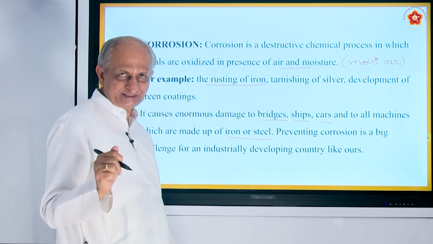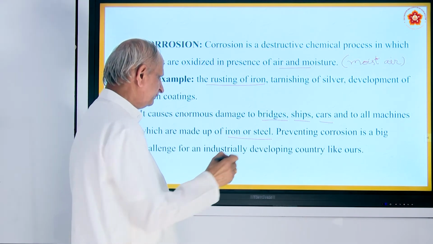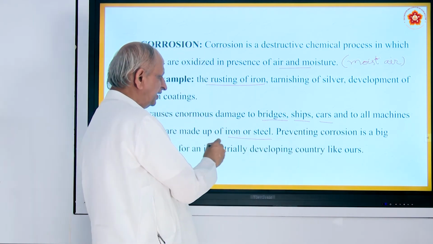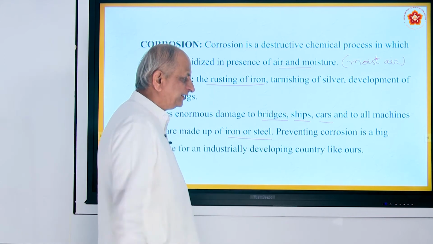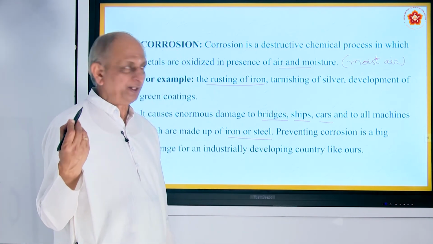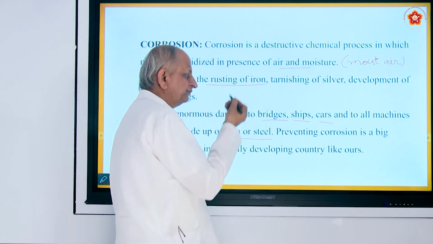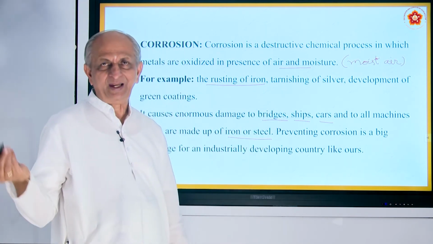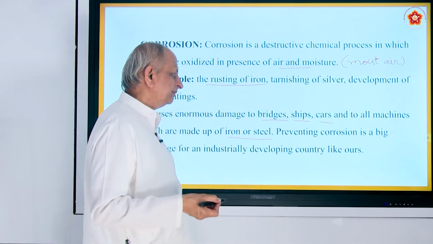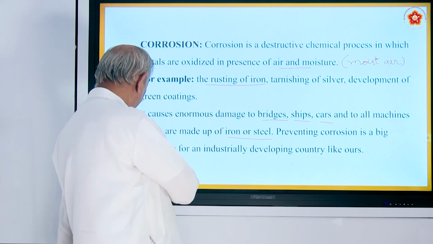Now how to avoid this or how to control it? Preventing corrosion is a big challenge for an industrially developing country like India. When crores and crores are invested on bridges, ships, and some lakhs in the case of cars, if they get rusted, it will be a big problem, is it not?